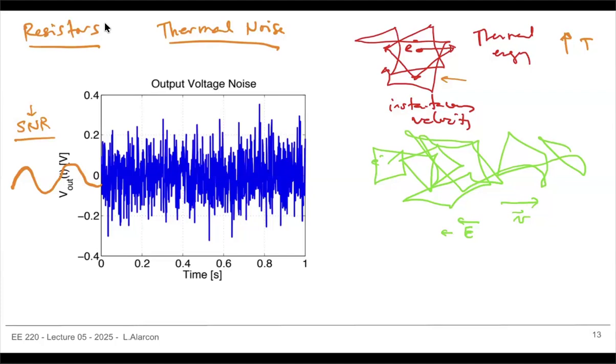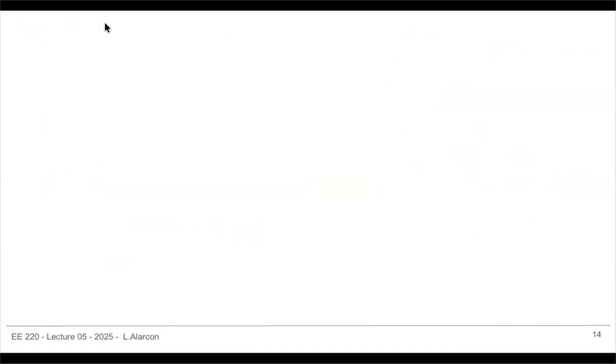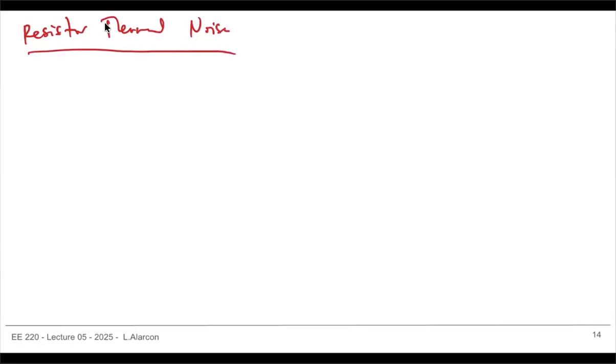Okay, so let's talk about resistor thermal noise. One of the things, the foundations for our noise analysis, is really pretty much due to the work by Boltzmann.